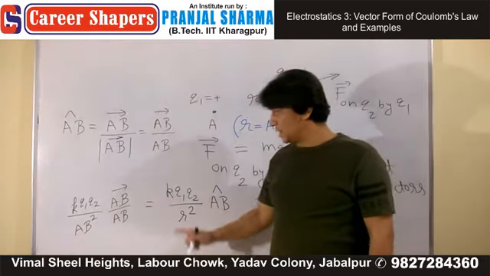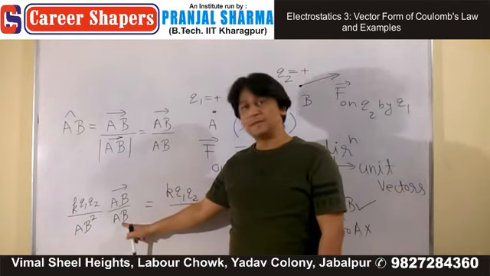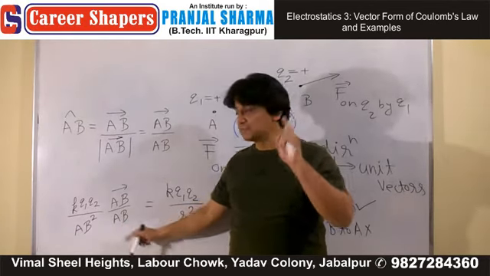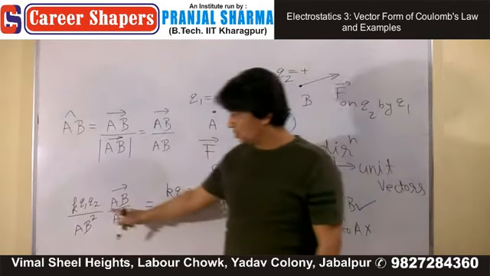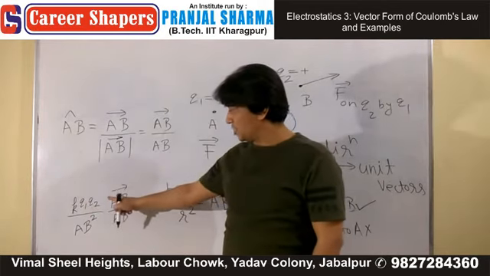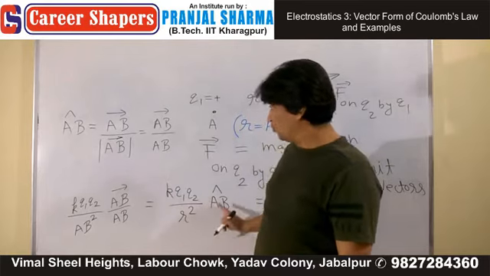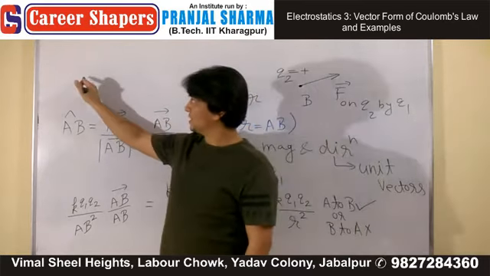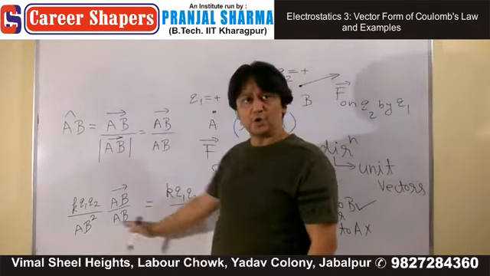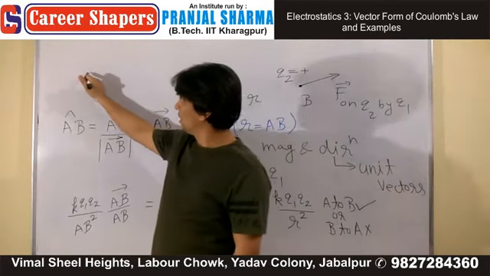So the format is coming K Q1 Q2 upon AB square, AB cap, which becomes this. You can continue with this. I'm writing the whole thing over here.